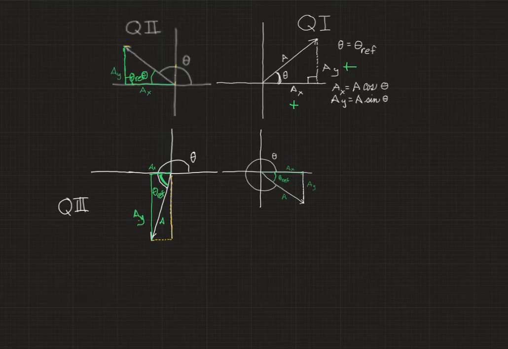In quadrant 2, the y component is still positive, but the x component is negative. In quadrant 3, the x component is negative and the y component is negative. In quadrant 4, the x component is positive and the y component is negative. But notice something else about the orientation of these triangles that we've drawn.